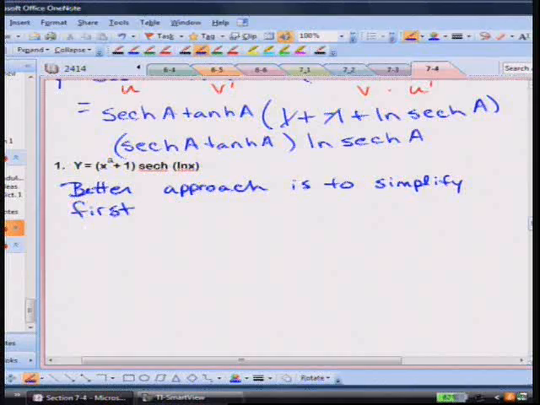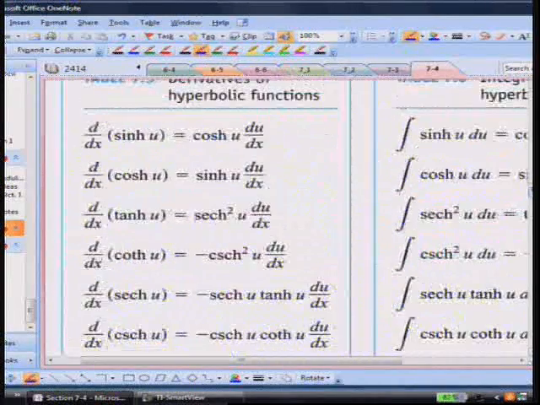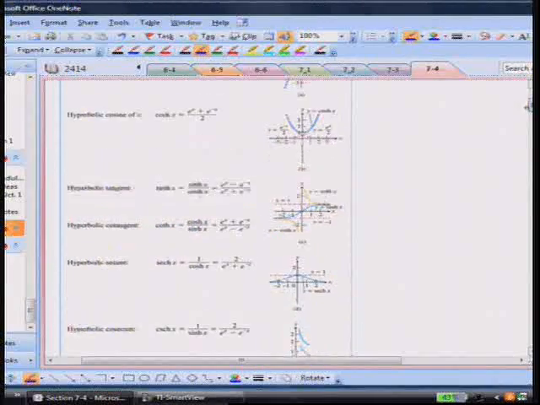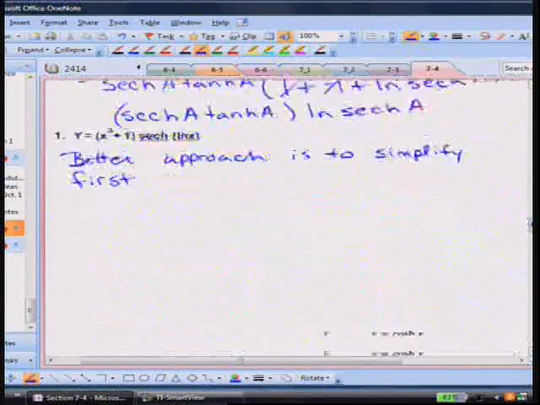Okay, and so if I come up here and I look at the definition of the hyperbolic secant, I see that it is 2 over e to the x plus e to the negative x.